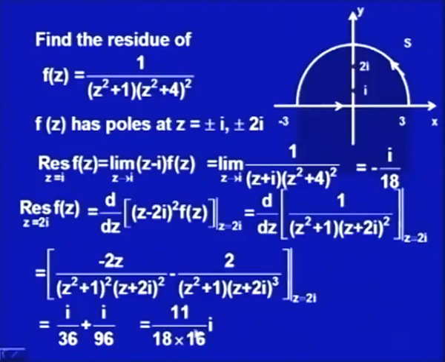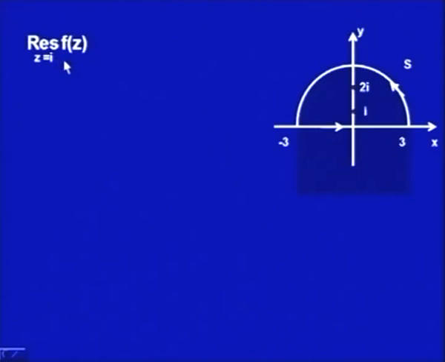So, now we have got the residue at I, which is a simple pole, that we had calculated as minus I upon 18, and at 2I, which is a second order pole, as 11 by 18 into 16I. Now, apply our theorem. The residues we had calculated.